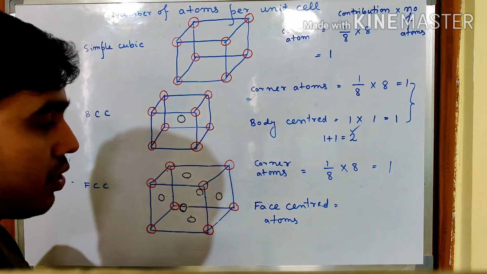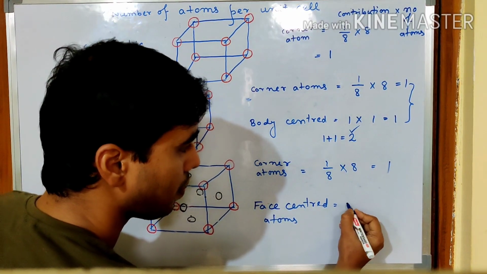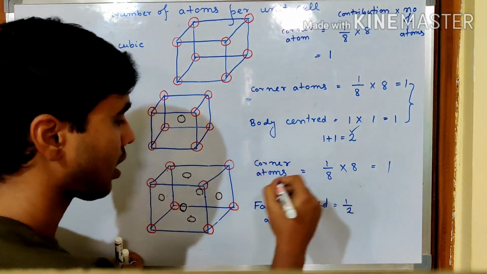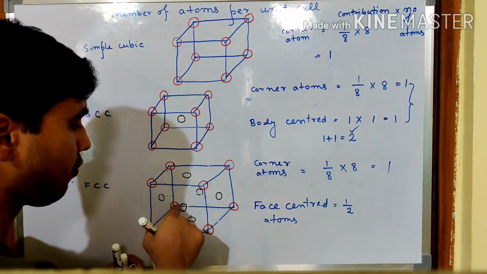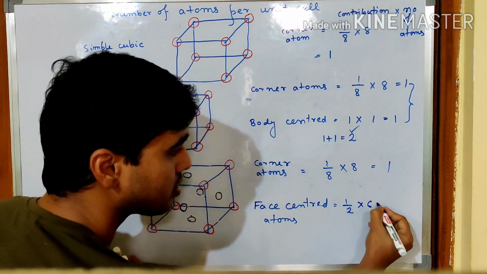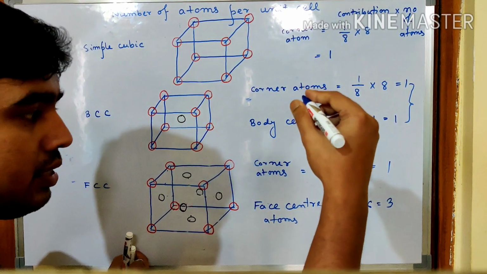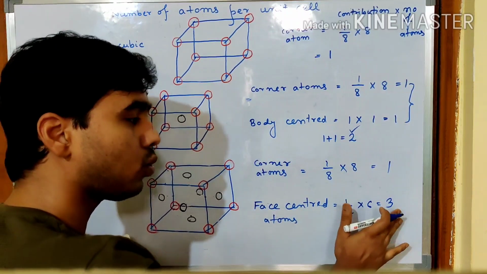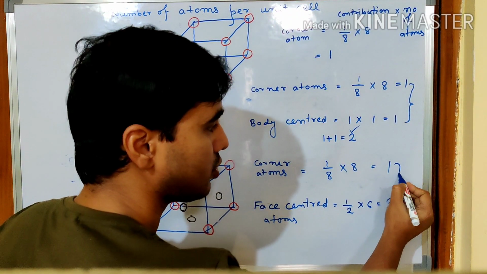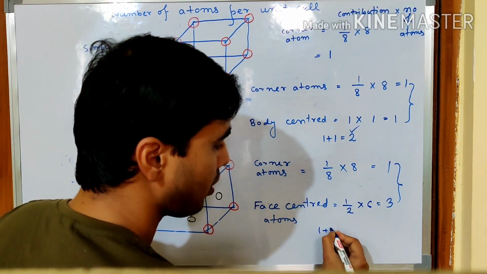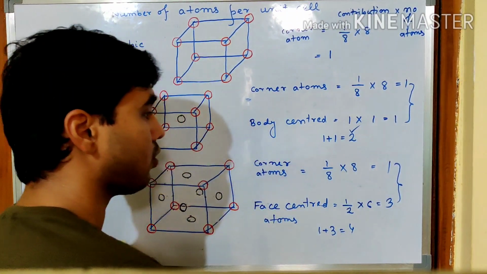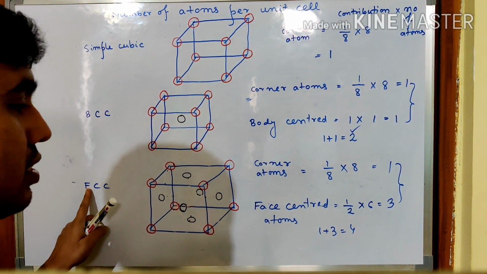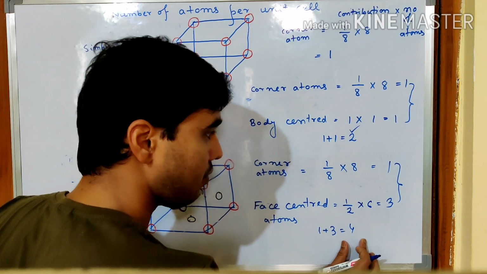How much does each contribute? Half. So it contributes half. How many? 1, 2, 3, 4, 5, 6 into 6. So it is 3. Means 6 atoms are there, each contributes half, so the total contribution becomes 3. So the total amount becomes 1 plus 3 is equal to 4.